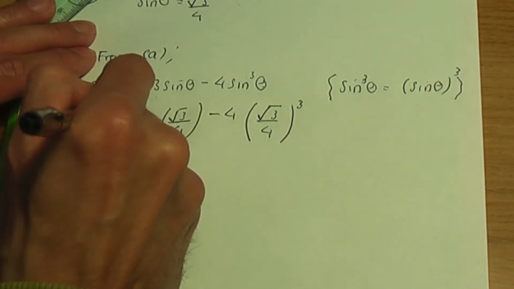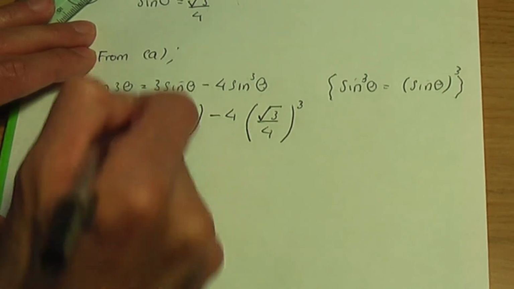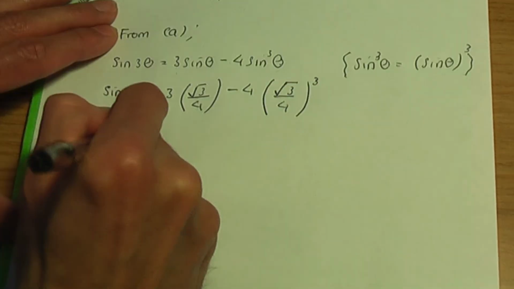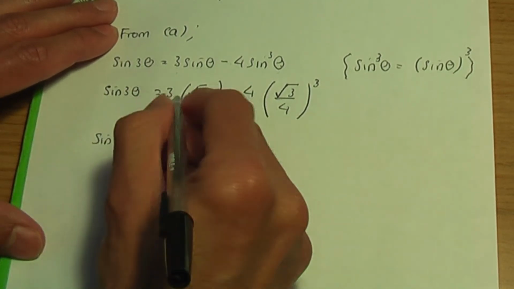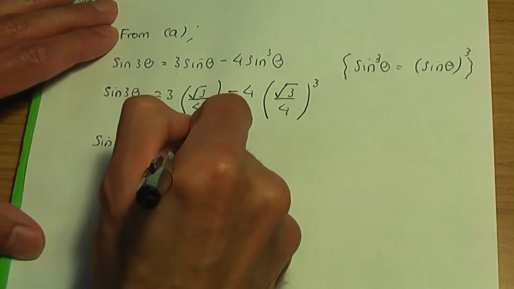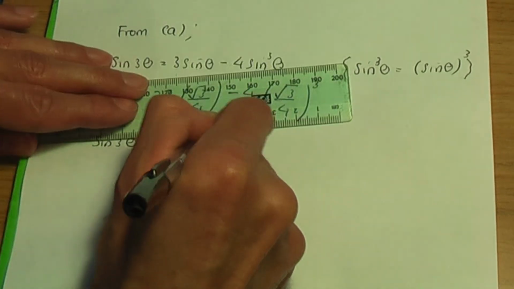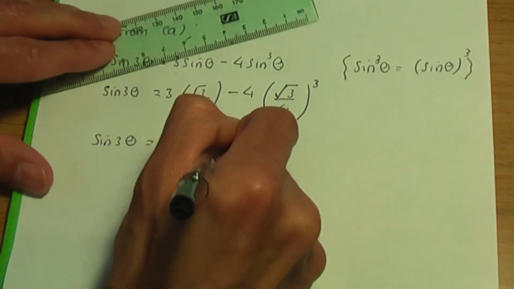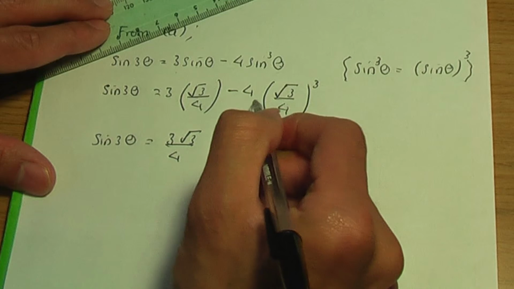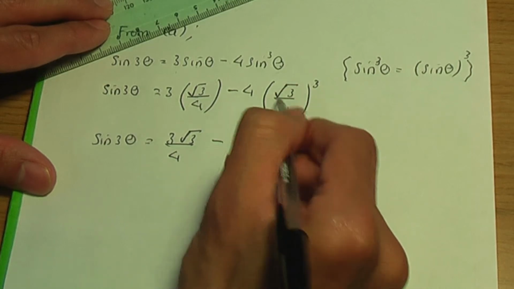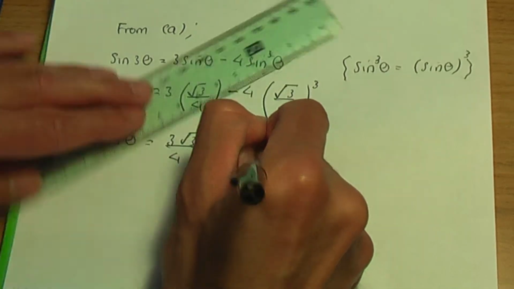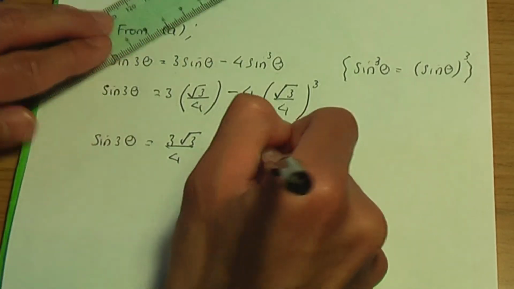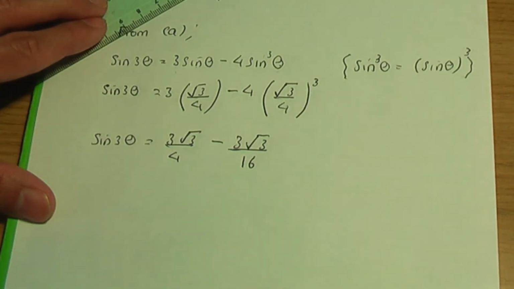Now, that is what we have for sine 3 theta at the moment. And if we go one extra stage, let's simplify. 3 times root 3 over 4 is 3 root 3 over 4, minus 4 multiplied by root 3 over 4 cubed, that is 3 root 3 over 16 when multiplied.